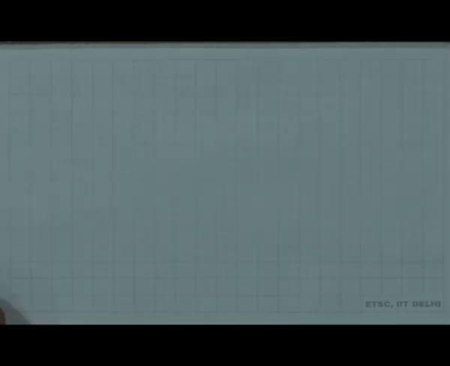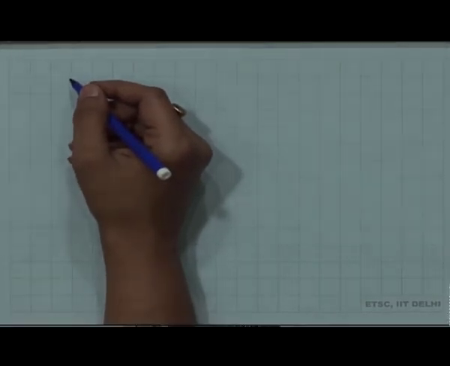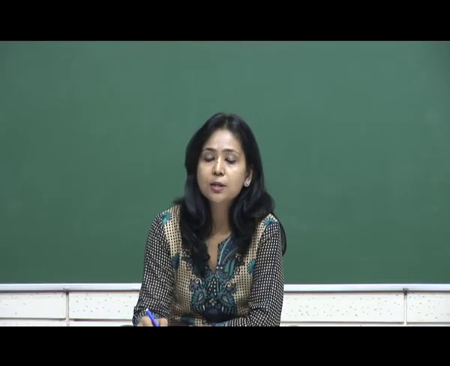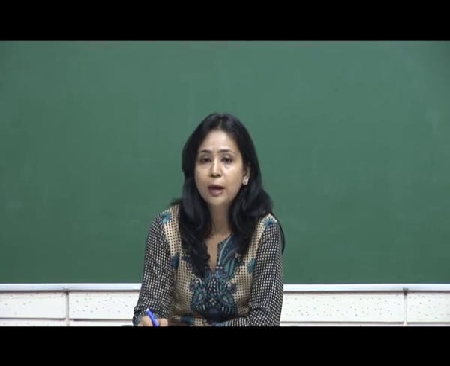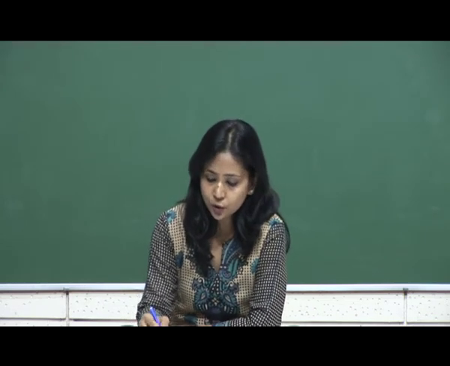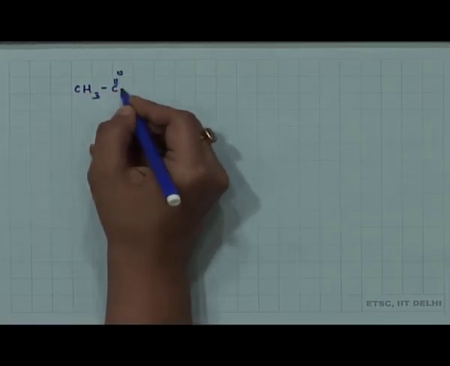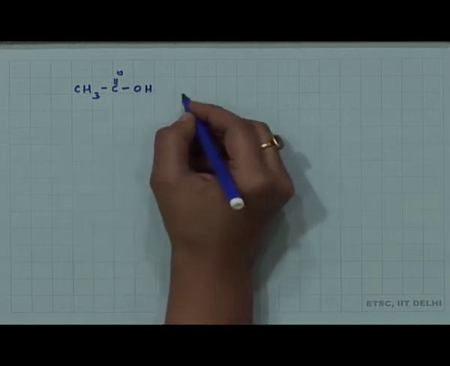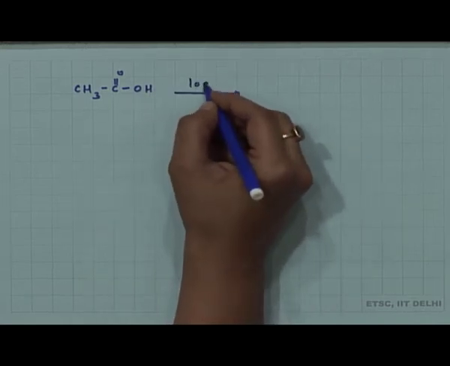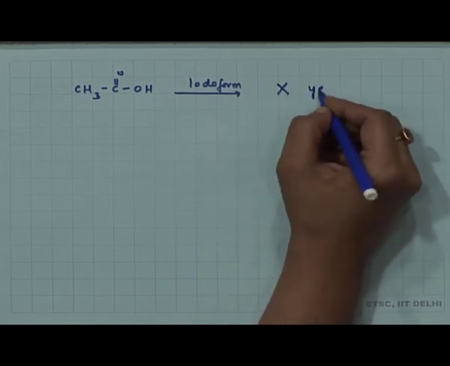I would also like to comment on the substrates which would give a positive haloform reaction and substrates which would not respond to the haloform reaction despite having an acyl unit. So, let me show you a few examples. If you take acetic acid and subject it to the iodoform reaction, you do not get any yellow precipitate. Okay?